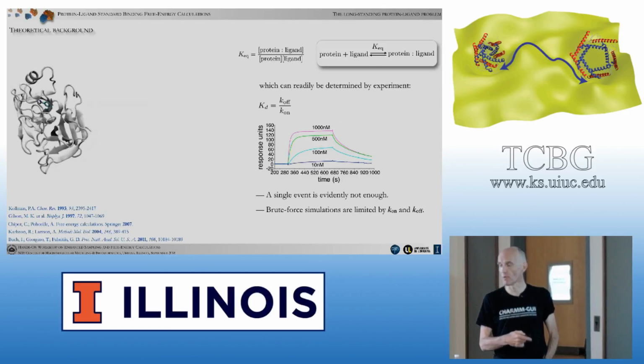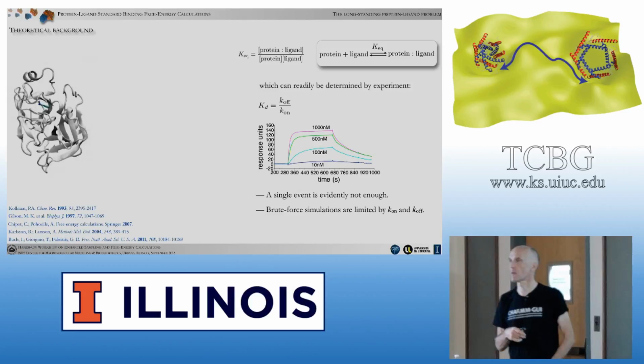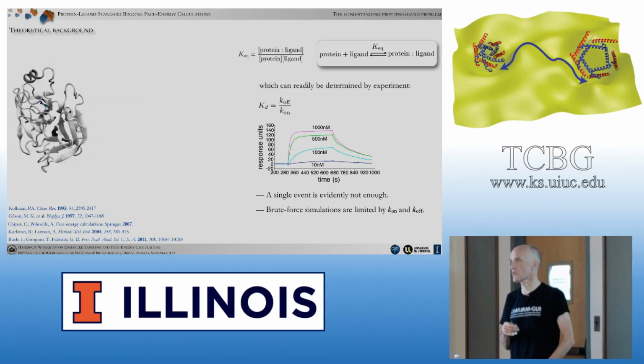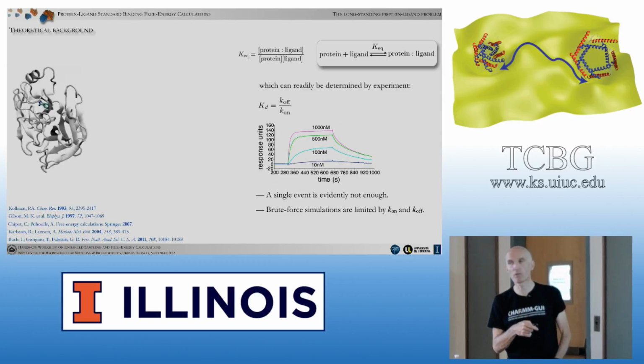Yes? How do you define KD? KD is the dissociation constant. Then what is the difference between KD and k off? No, k off is a rate. It's a rate constant. Isn't KD the equilibrium constant? Yeah, it's the equilibrium. Exactly.